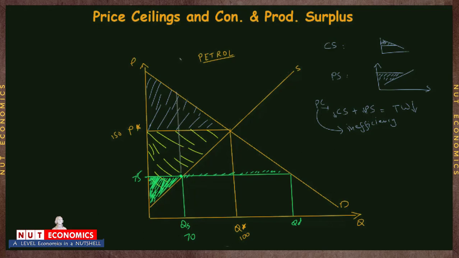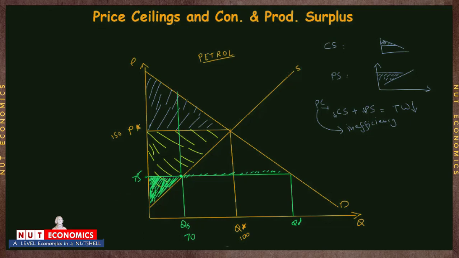This will just remind us that any unit beyond these first 70 units is not being traded in the market anymore. It's not available. So it's just these 70 units that are being purchased and sold. As far as the consumer surplus is concerned, the consumer is going to pay a price of 75.